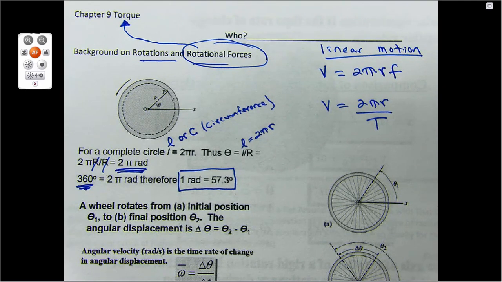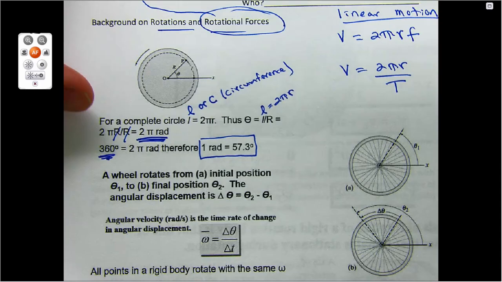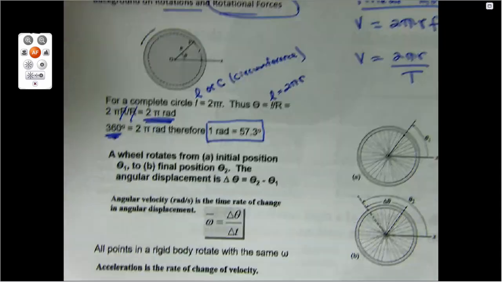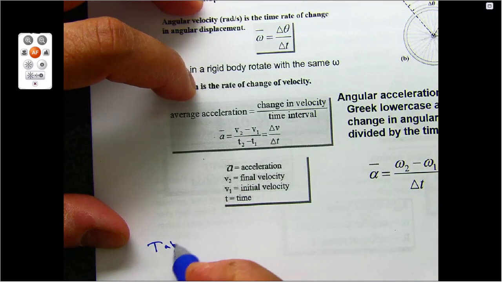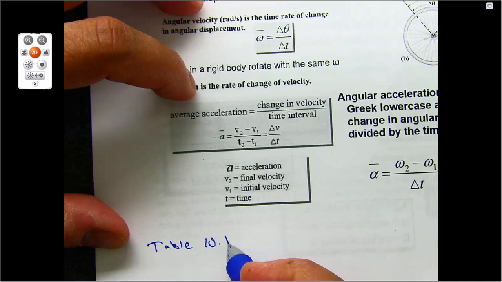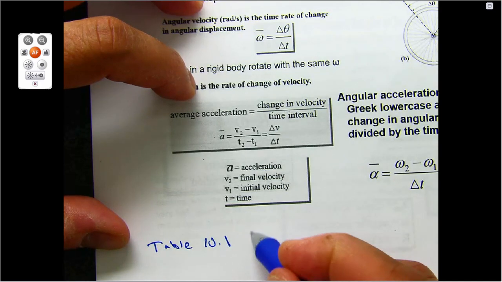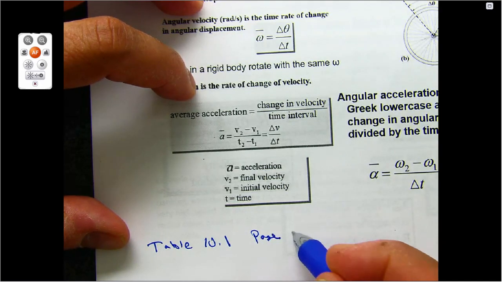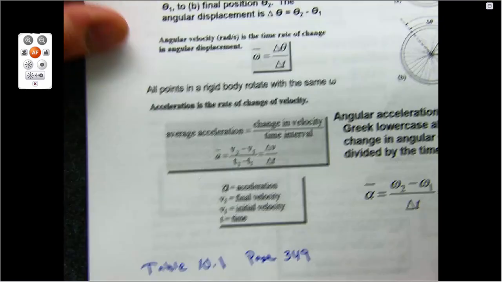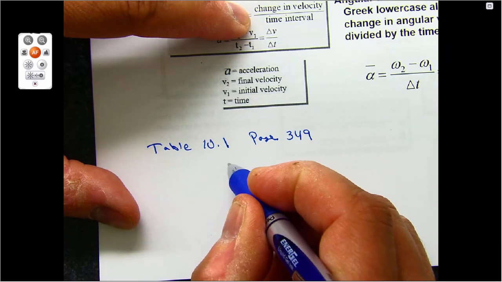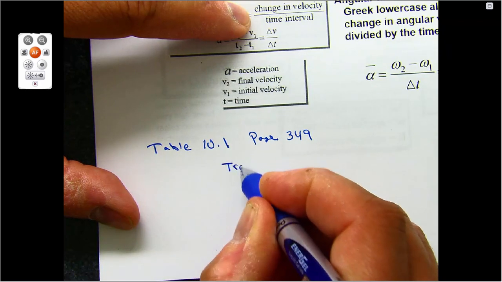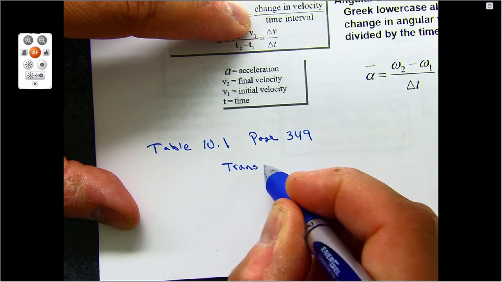So now, here's what I want to do. I want to go down to the bottom. I want to do this chart at the bottom here. Then I'm going to come up and we're going to look at all of this. So this is going to be review. We're going to make a little chart here.